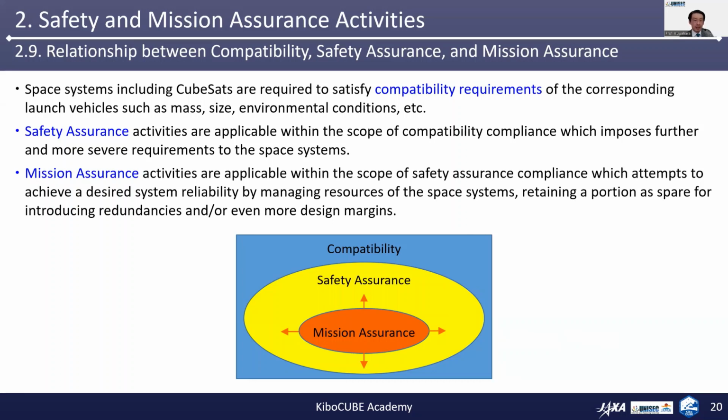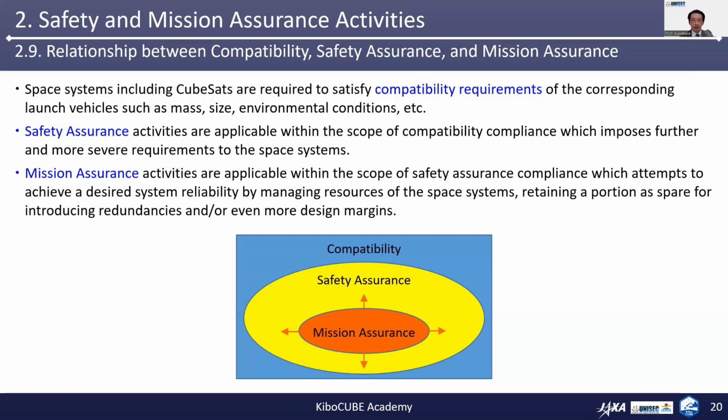So mission assurance activities are applicable within the scope of safety assurance compliance, which attempts to achieve desired system reliability by managing resources of the space systems, retaining a portion as a spare for introducing redundancies and or even more design margins.